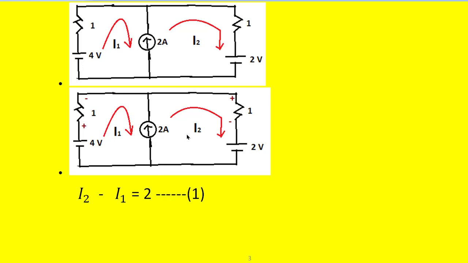So I2 minus I1, the resultant of I2 and I1, is nothing but 2 amperes. That is why we write I2 minus I1 is equal to 2. That is equation 1. So step 3 is over.